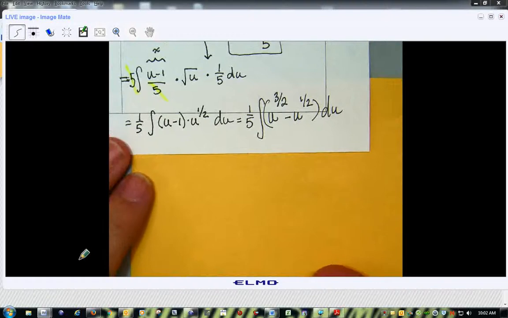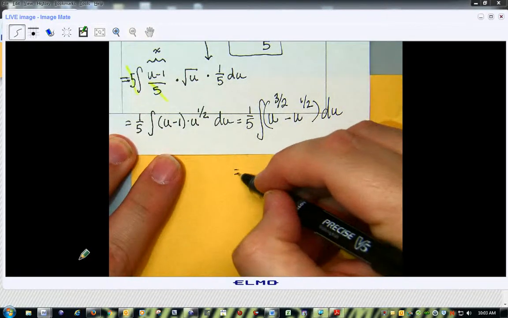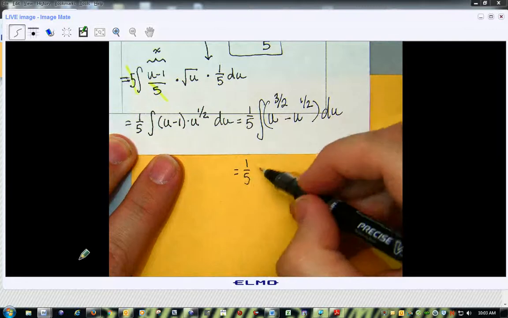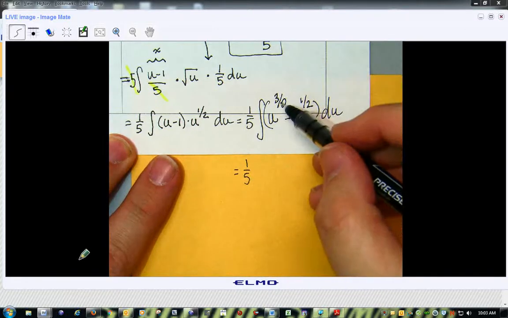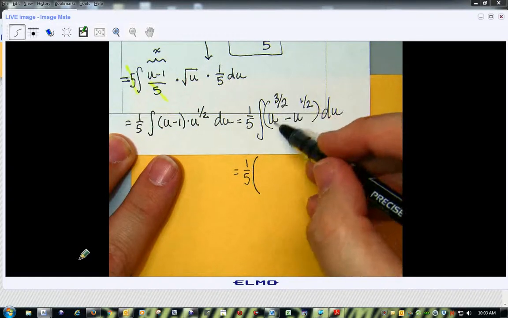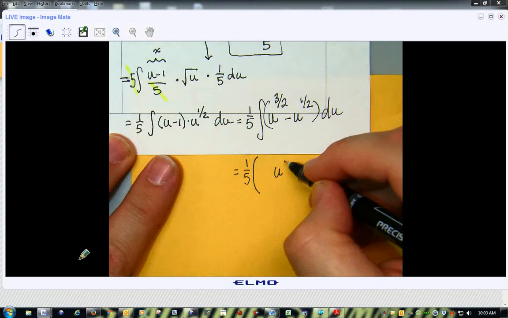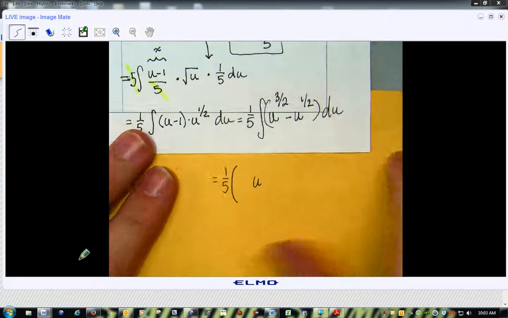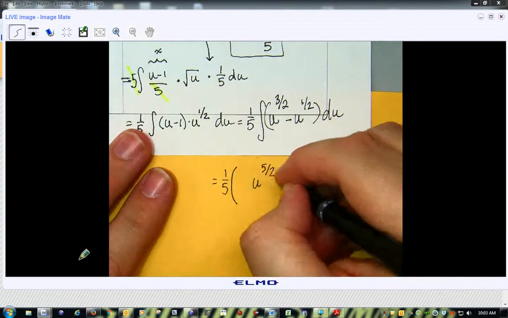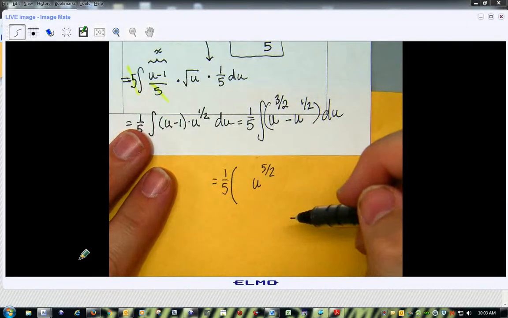Now, can I integrate that? So what would be this one? What power would u be raised to? Yep, 5/2 power. So I'm going to divide by 5/2, which means multiply by 2/5.